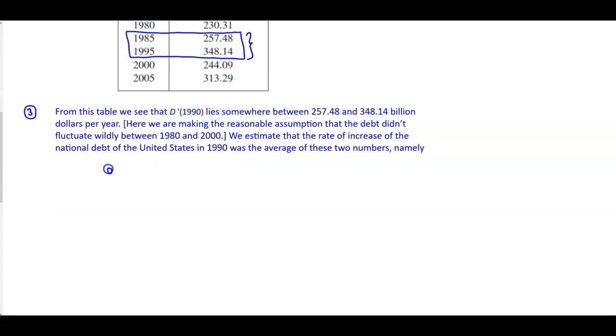Namely, D'(1990) is approximately (257.48 plus 348.14) divided by 2, which gives us approximately $303 billion per year.